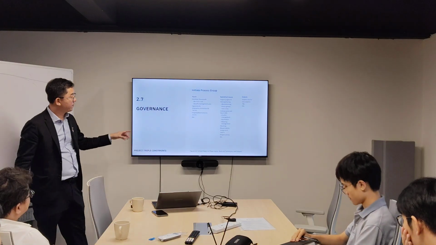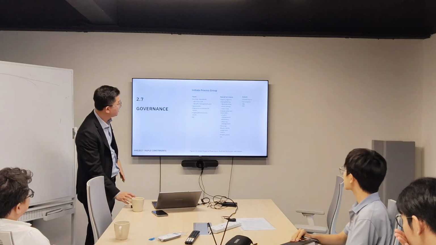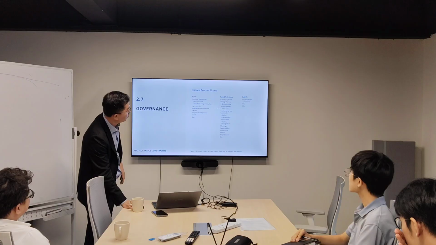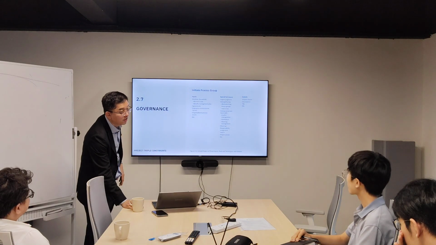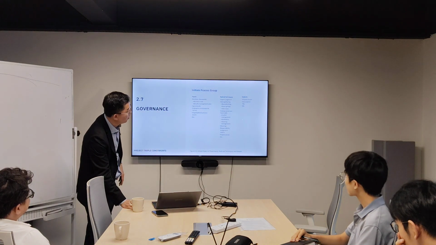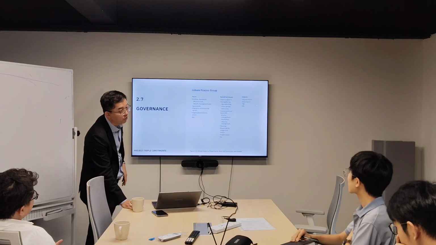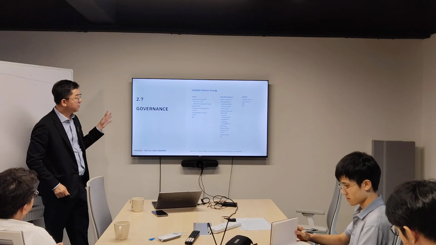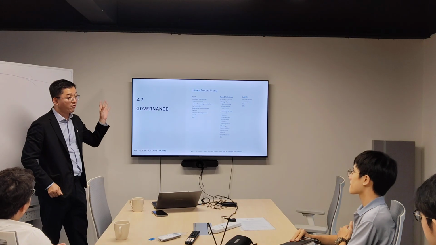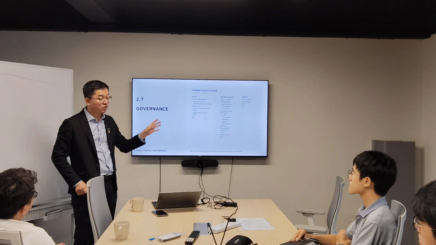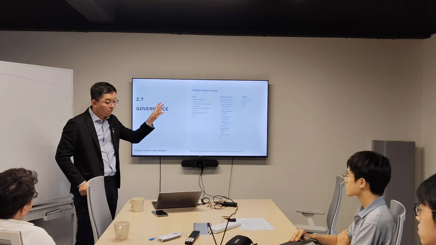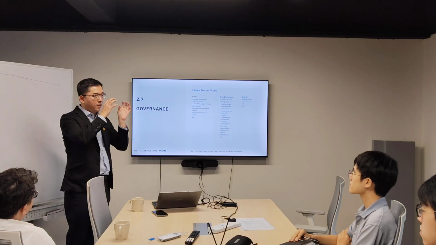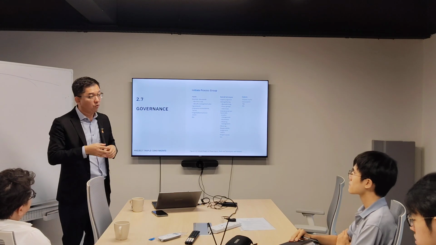Okay, I repeat again. In the governance, these are the inputs that you are expected to put in, these are the tools and techniques that you need to follow, and these are the outputs. So we always need to have one input, and in between we need to have the process of the tools and techniques to change your input into output.